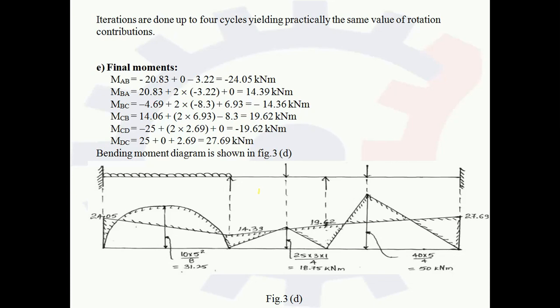So this is 19.62 we have plotted. And then the last one, MDC, we are getting as 27.69. If you plot this in the clockwise direction, the line goes above the baseline. So this is 27.69. We have joined all these points, and we get the final moment diagram.